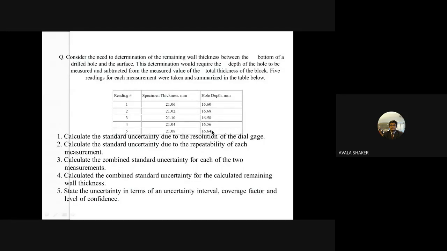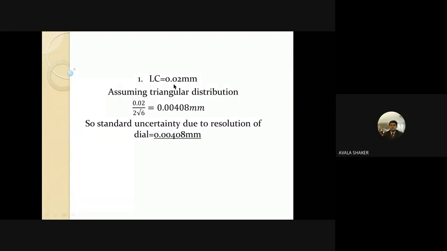There's not a single odd one. So the instrument least count is 0.02 and not 0.01. If you were assuming a Gaussian distribution, then somewhere it would have come as 1 also. So the least count is 0.02. We are using a triangular distribution. Now, when you're using this instrument to make the measurement, this uncertainty will also get added up because of the limitation of the instrument.